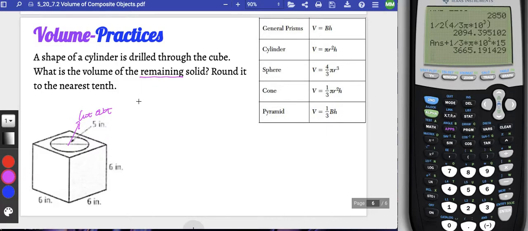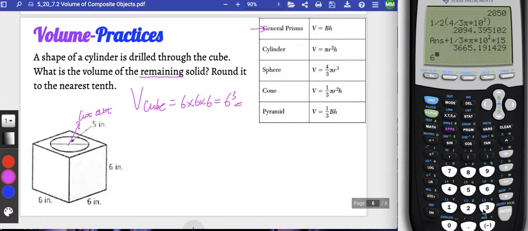The whole outside piece is a cube. A cube is similar to a rectangular prism, length times width times height, and the only special part is that all three measurements are the same. So I'm going to find the cube first, which is 6 times 6 times 6, or 6 to the third power, which is 216.